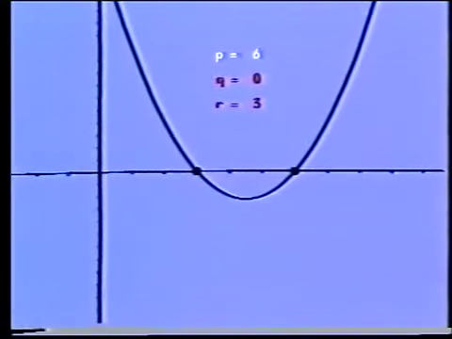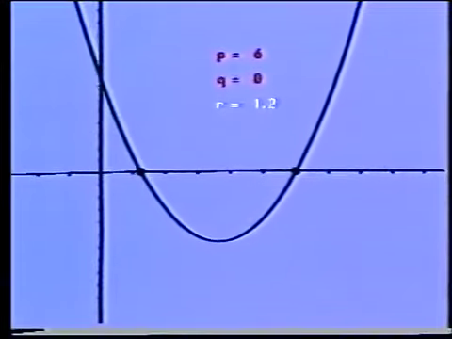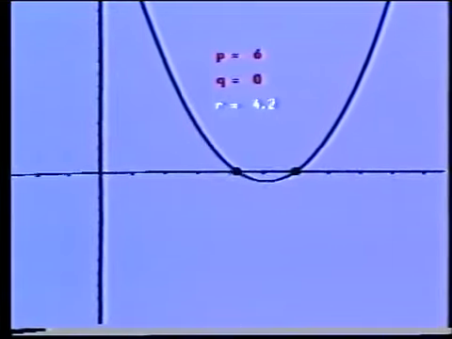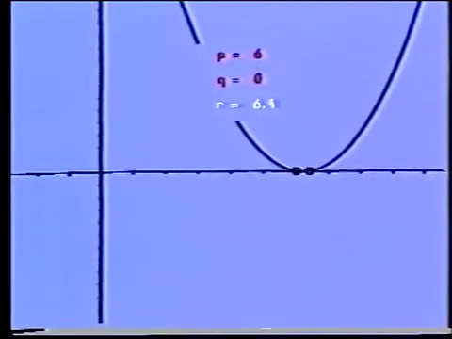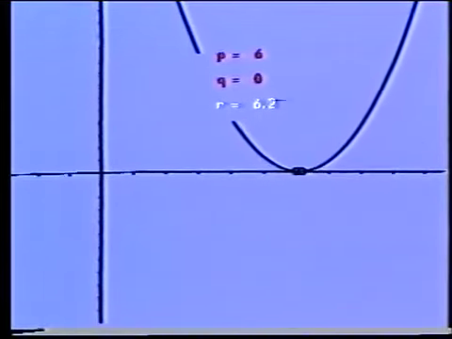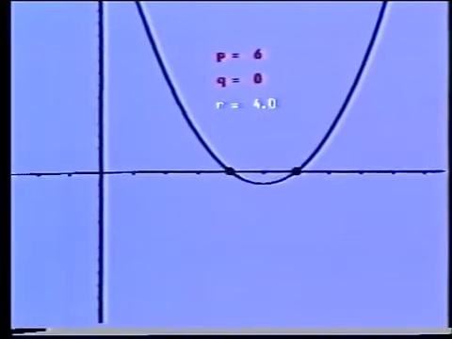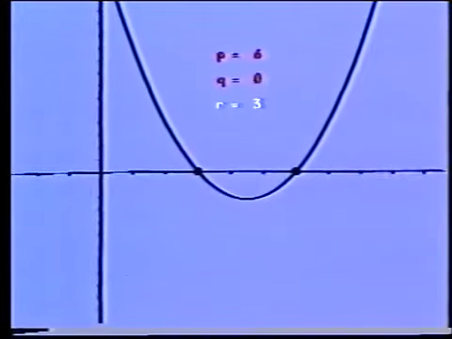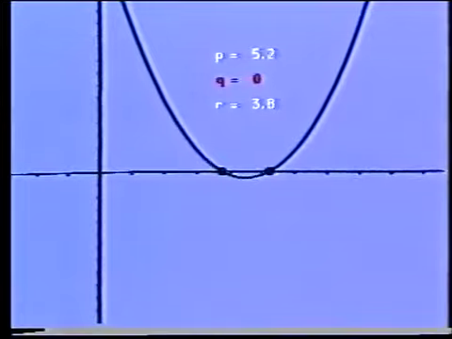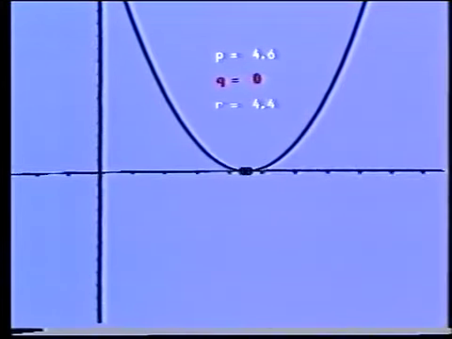Or if we change r? There are still two distinct real roots. And the only time we get something different from that is when p equals r, and then we get two equal roots.